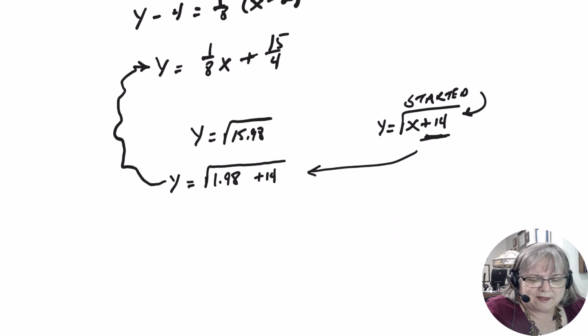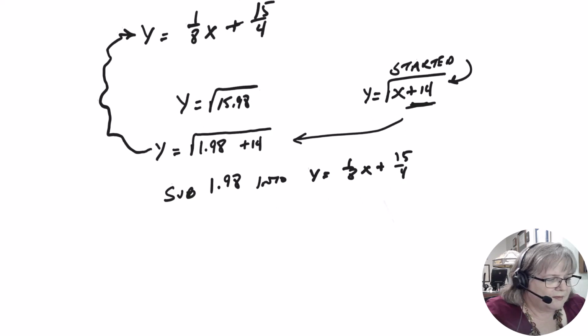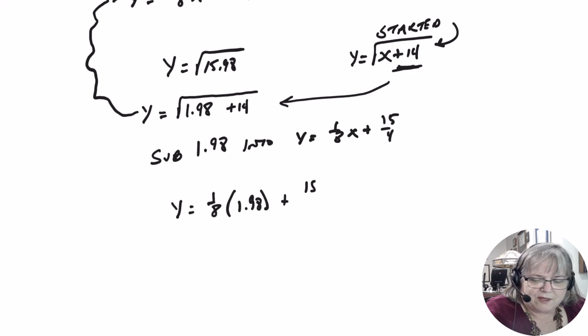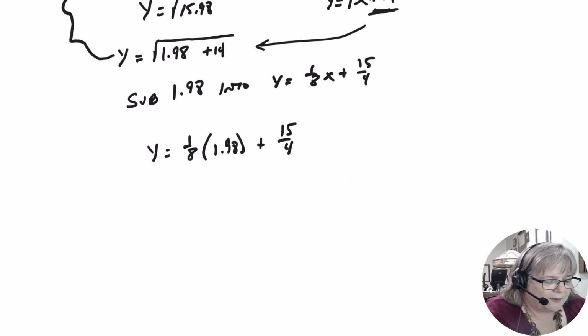So now we're going to sub 1.98 into y is equal to 1/8 x plus 15/4. Okay, so I'd have y is 1/8 times 1.98 plus 15/4. And when you multiply this all out and add it all up, you get something like 3.9975.